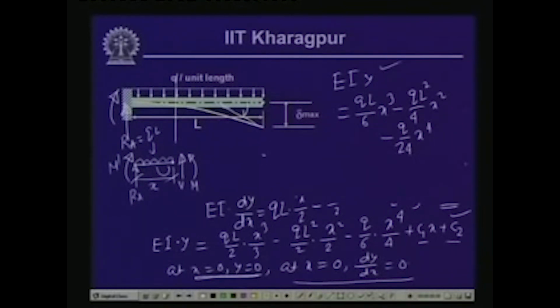So EI y equals QL by 6 times L cube, minus QL square by 4 times L square, minus QL4 by 24.